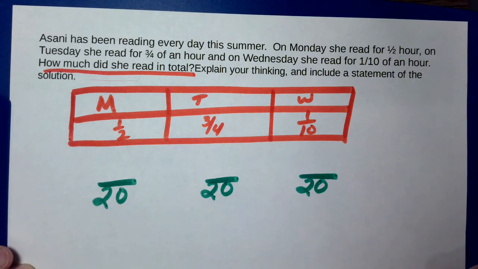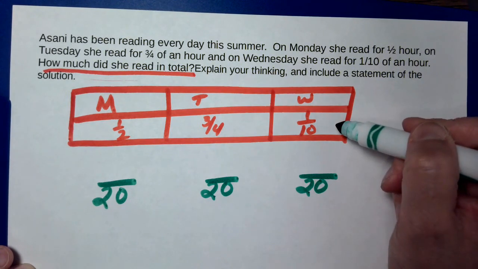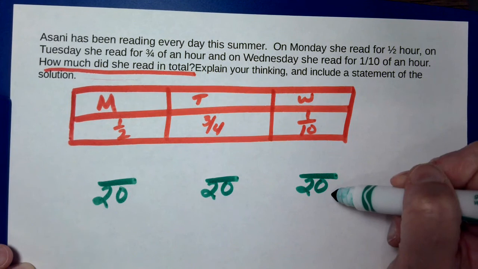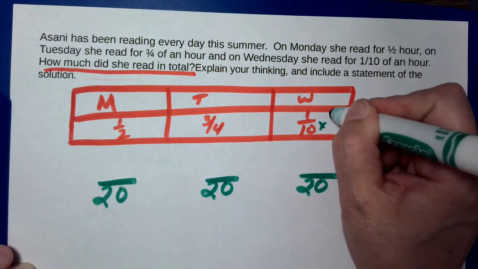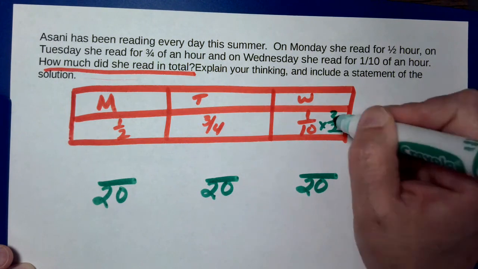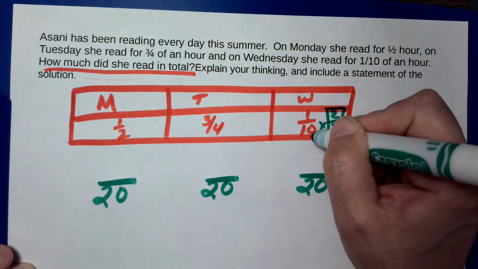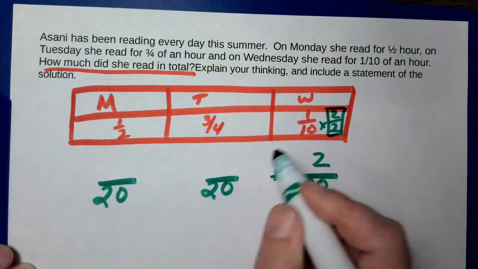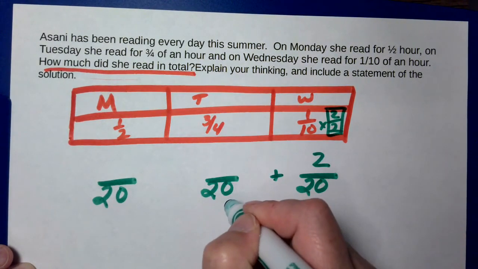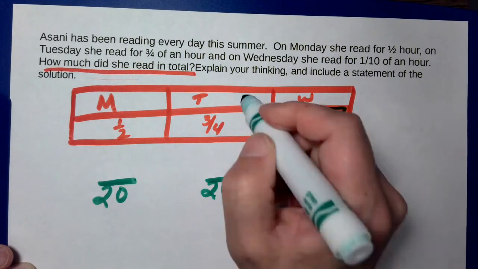So I'm going to rename all of these fractions with 20 as the denominator. For 1/10, I'm going to multiply by 2/2, or multiply by 1 whole. So 10 times 2 is 20, and 1 times 2 is 2. For 3/4, 4 times what number gives me 20?